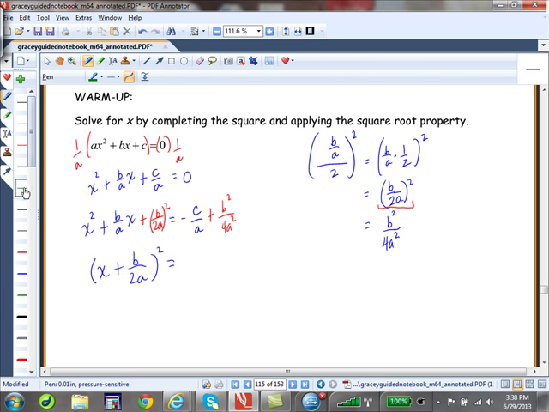Now on this guy, I need to get a common denominator. So to get a common denominator here, I need a 4a over 4a to get the 4a squared.